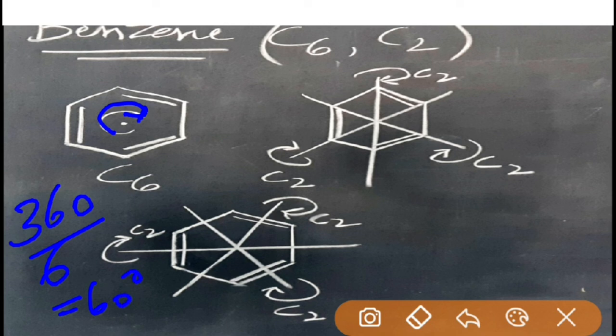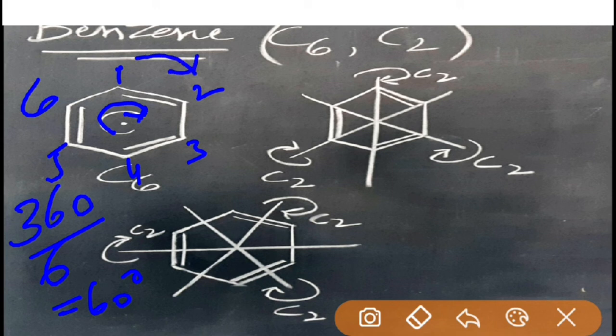What would happen then? Suppose this is carbon 1, carbon 2, carbon 3, carbon 4, carbon 5 and carbon 6. When you are rotating it by the C6 axis, by 60 degrees, what is going to happen?